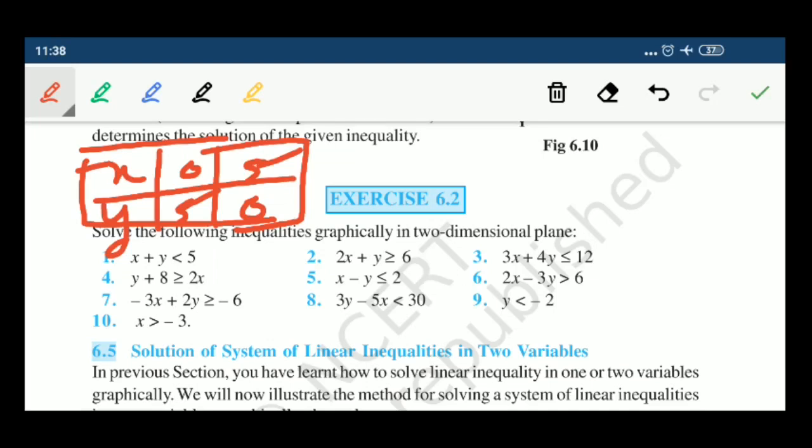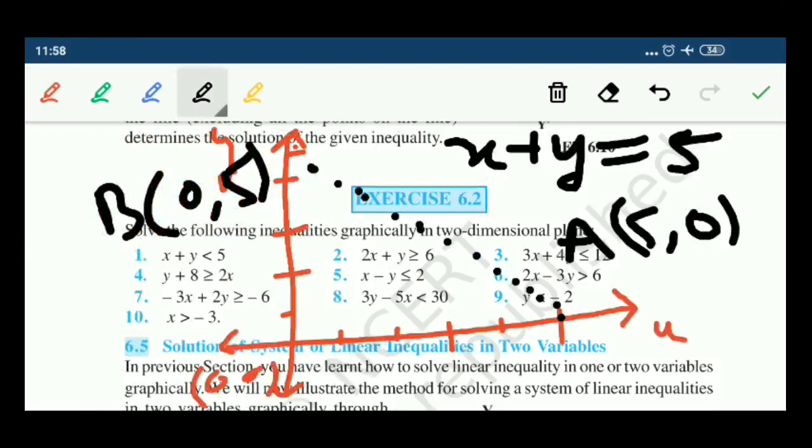Now draw its graph. Students, see the graph of x plus y equals 5. Here AB is the required line. I have drawn this line as a dotted line. Why have I drawn this line as dotted? You can see in our given inequality, they have given x plus y is less than 5.